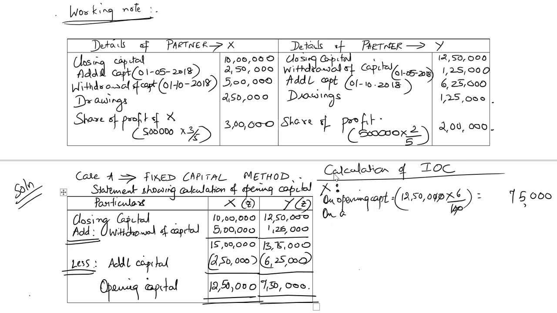On additional capital rupees 2,50,000 for X at 6%, and the number of months is from 1st May till the end of the accounting period, 11 months.